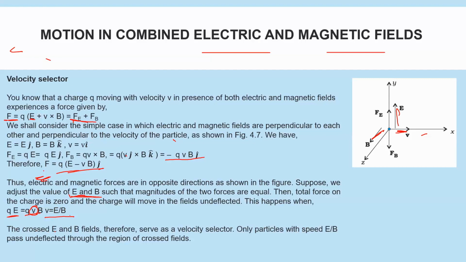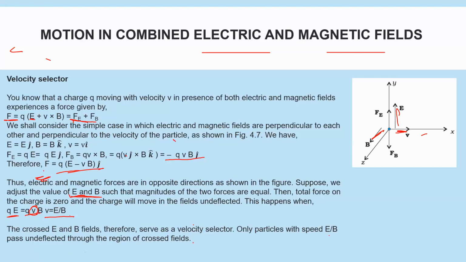The crossed electric and magnetic fields therefore serve as a velocity selector. Only particles with speed E by B, that is electric field by magnetic field, can pass undeflected through the region of crossed fields.